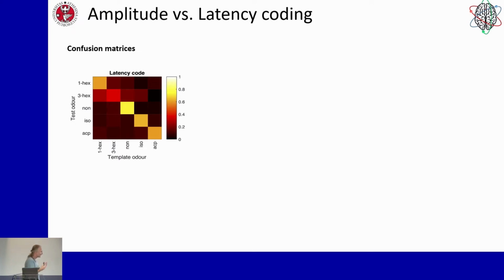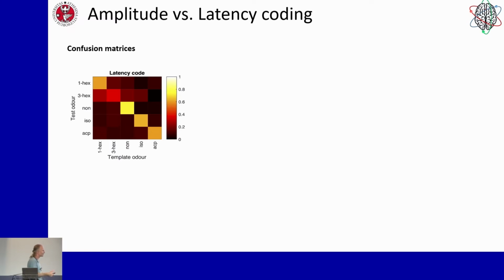So likely the smell of these components is also very similar to bees. Now what we would like to do is to understand how does this latency code compare to the amplitude code, which was believed until now to contain most of the odor information. So we do the same thing. We create vectors from the average amplitudes.